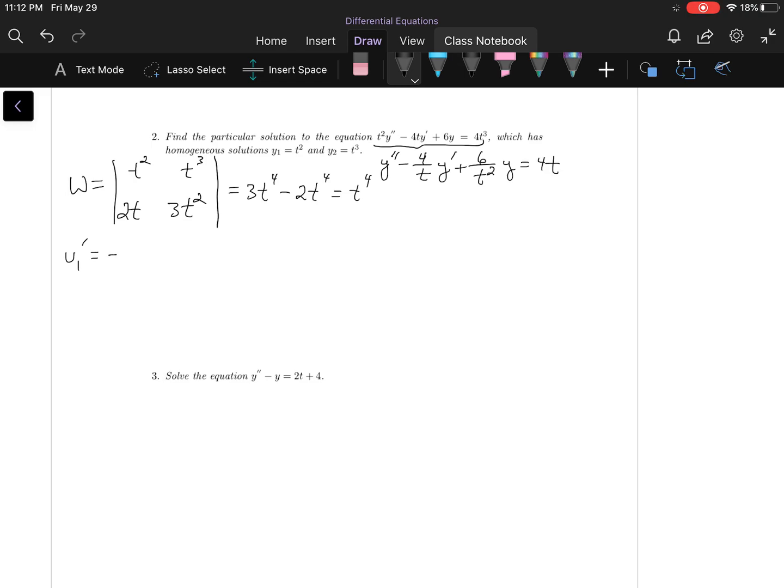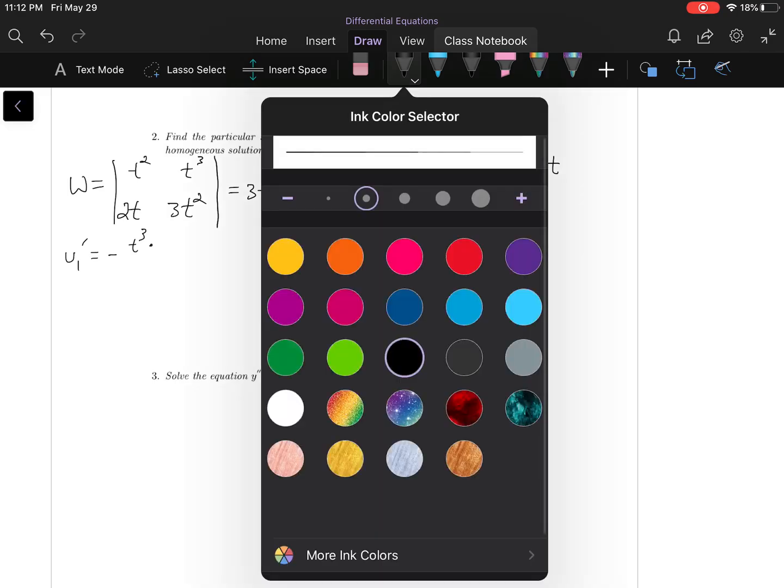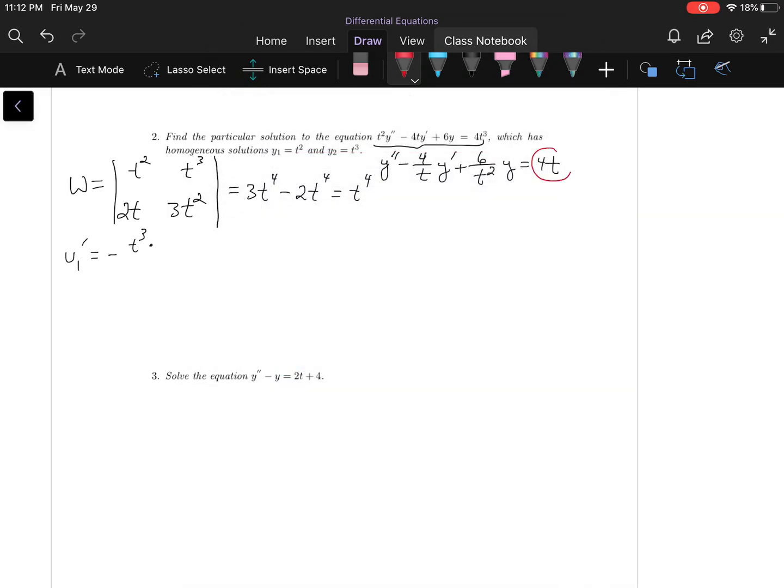So u1 prime is the one with the negative in it, so negative. We've got y2, which is t cubed, times g of t. Remember, g is this right here, the 4t. It's the right side of our general form.